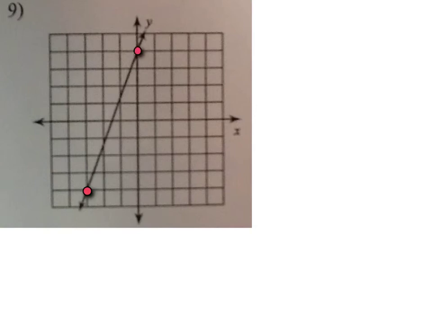I'm going to use these 2 points. Again, the slope is positive, so I will start at the lower one so that I can count up. I count 8 up, and 3 to the right. So my slope is 8 over 3.